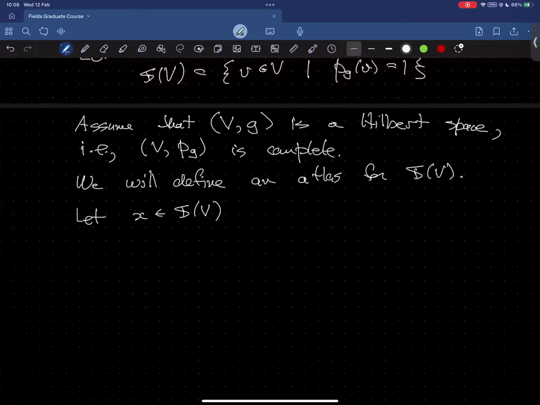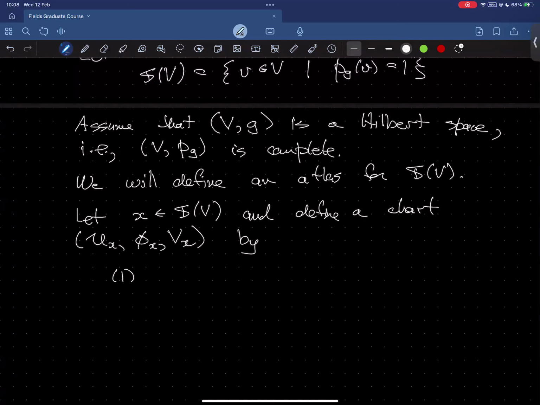All right, and I'm going to define a chart, which I'll call U_X, V_X. So U_X is going to be the set of points, let's say X prime in the sphere, so that G of X and X prime is positive.